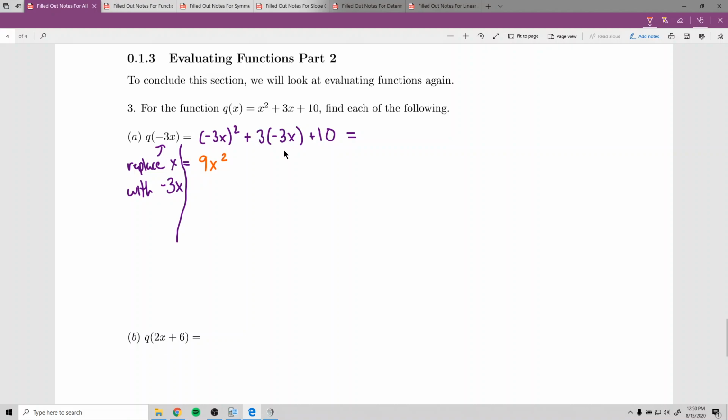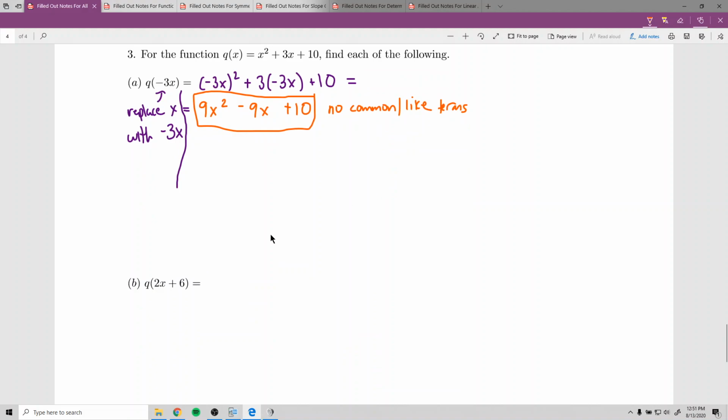This one here, we can distribute the 3 through, and we get 3 times negative 3 is negative 9, so minus 9x, and then plus 10. There's no common terms here, so this is simplified. All right, so q of -3x is 9x squared minus 9x plus 10.